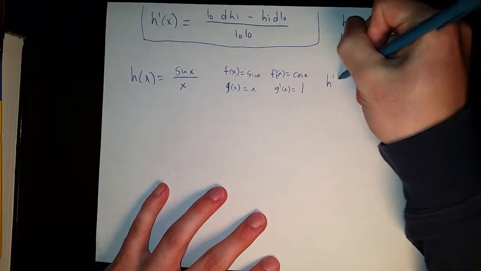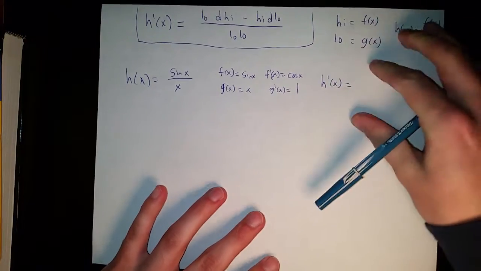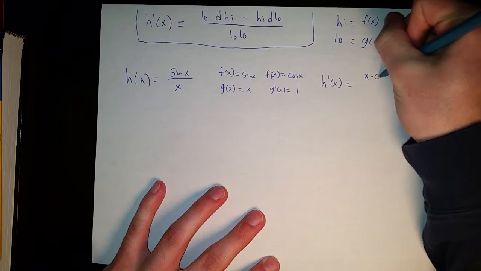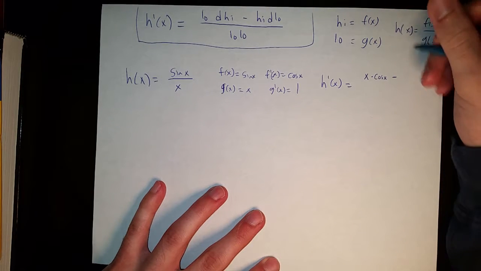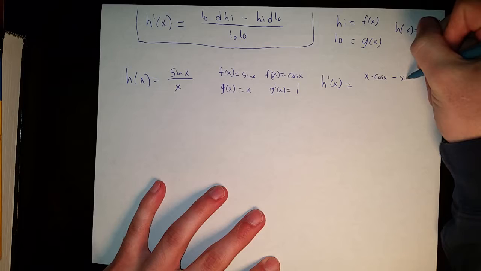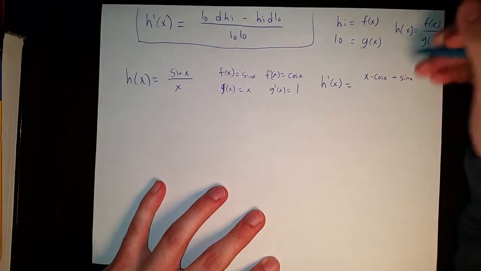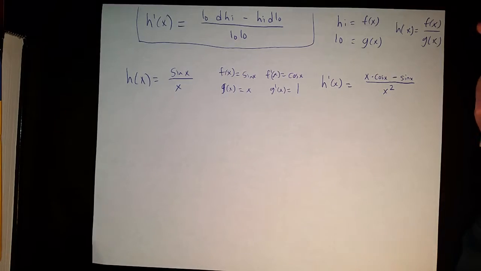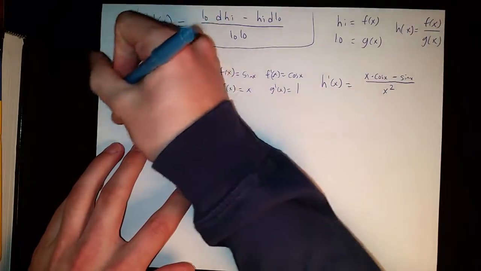Okay, let's apply our equation. We got low d high minus high d low over x squared. Alright, that's simple enough.